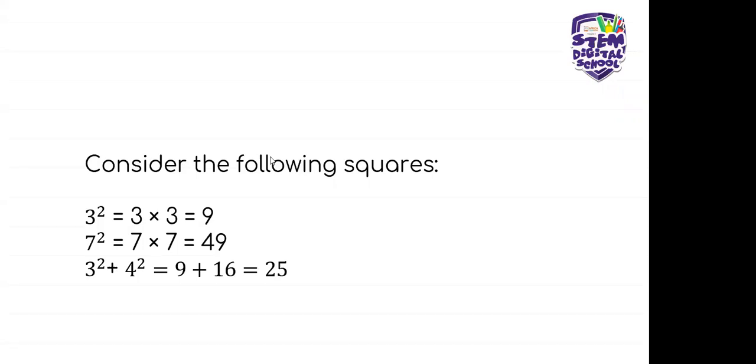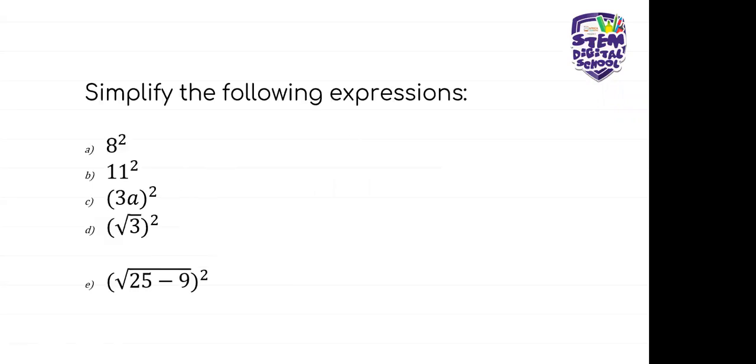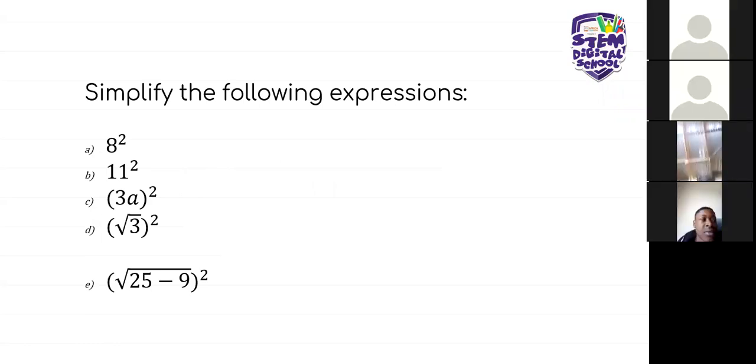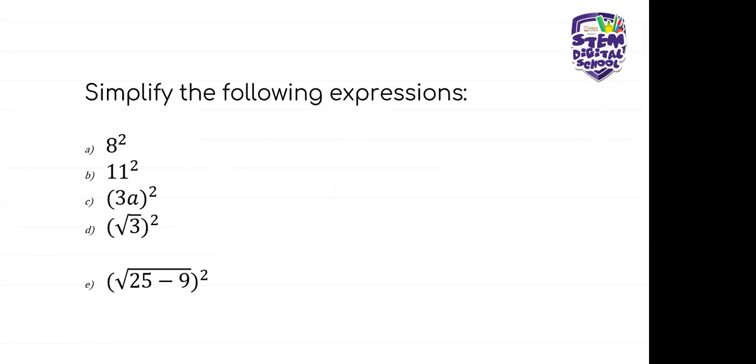Right, we carry on now just to also simplify the different expressions, and I want us to simplify the following. We have got about 5 different activities, and I want us to square the numbers.